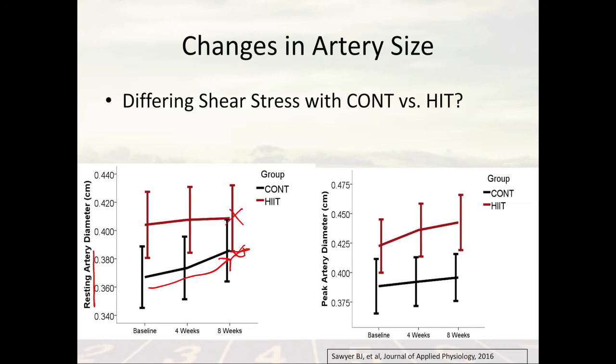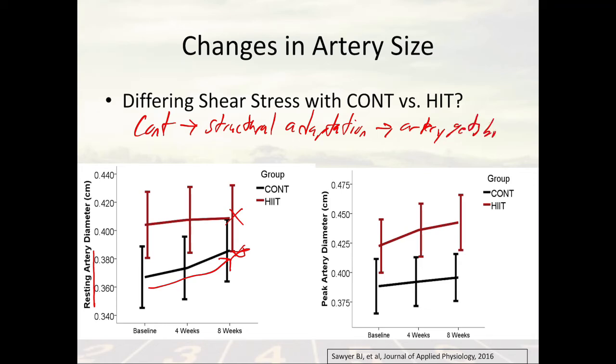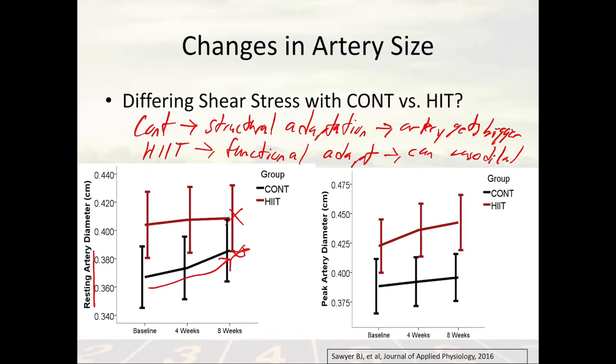So what we see with this is continuous led to what we call a structural adaptation, which means the artery gets bigger, okay, whereas HIT led to a functional adaptation, which means it can vasodilate better. And that's what we saw, and that was our conclusion. So interesting stuff for sure.